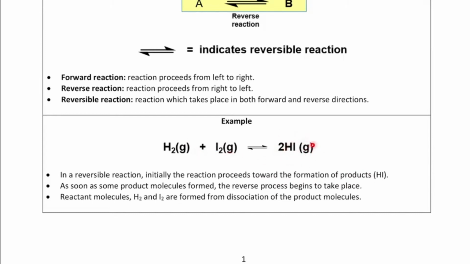Okay, so as soon as some of the product molecule form, that means as soon as HI is formed, the reverse reaction begin to take place. That means HI ni akan mula dissociate untuk menghasilkan H2 dan I2. Okay, so reactant molecule H2 and I2 are formed from dissociation of the product molecule. So exactly the same macam saya explain tadi, cuma by using the real example.